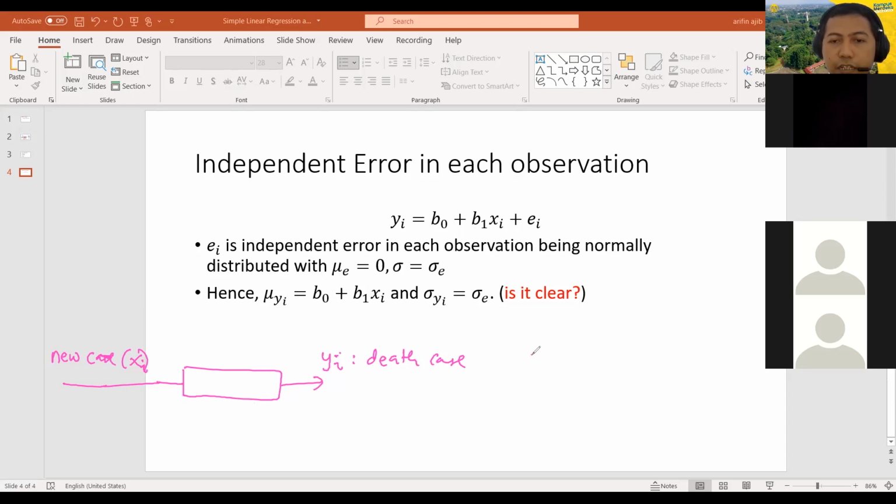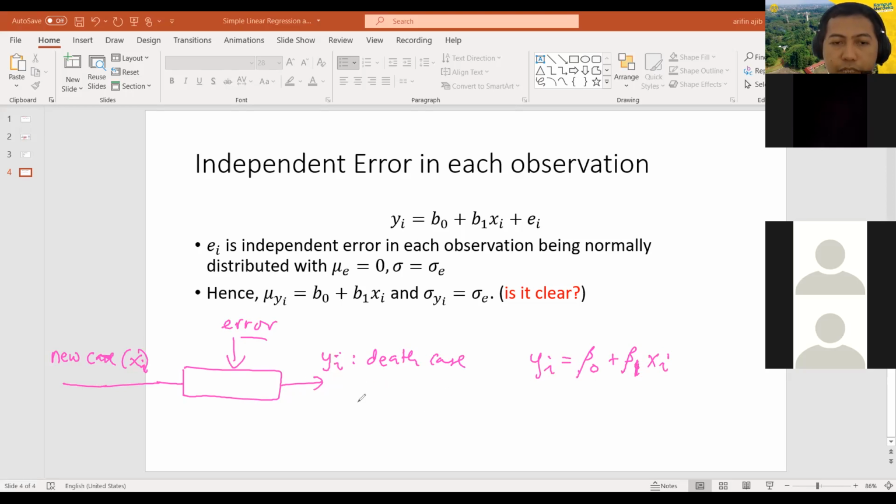Yesterday we only consider that yi is equal to beta 0 plus beta 1 xi. Okay. And right now we consider there is an error. There is an error in taking the data.